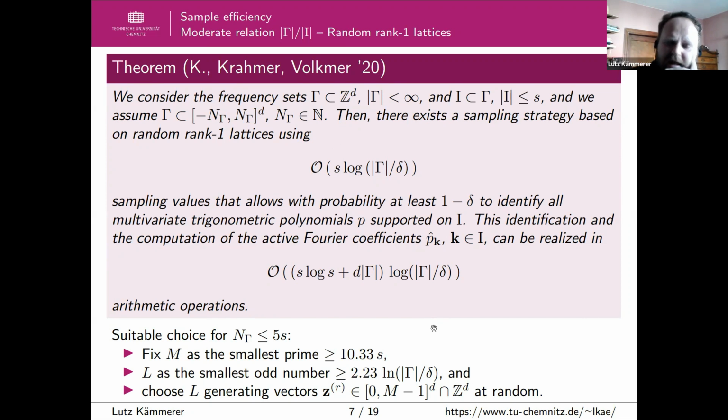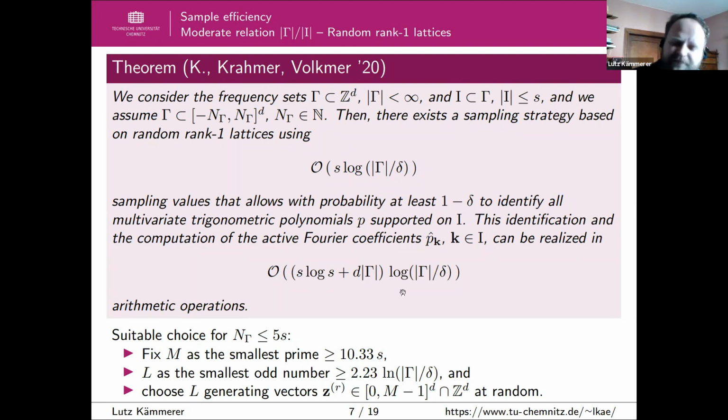Okay, and now as I said, if this relation here is really moderate, you can do this. Because if this relation is not moderate, or let's say gamma is in the 10 to the 20s or something like this, you have no chance to compute this table or save this table.